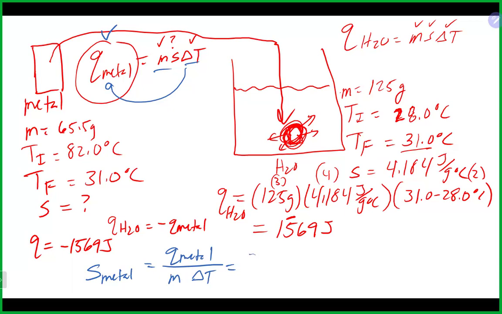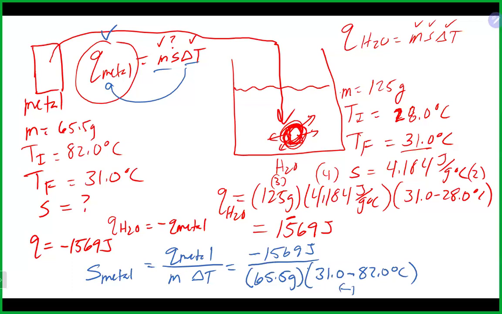Putting in our values, negative 1569 joules. Our mass of the metal, 65.5 grams. And our change in temperature, the other important thing, once again, is final minus initial here. So our final temperature is 31.0 minus our initial, which is 82.0. That's going to give us what type of number?